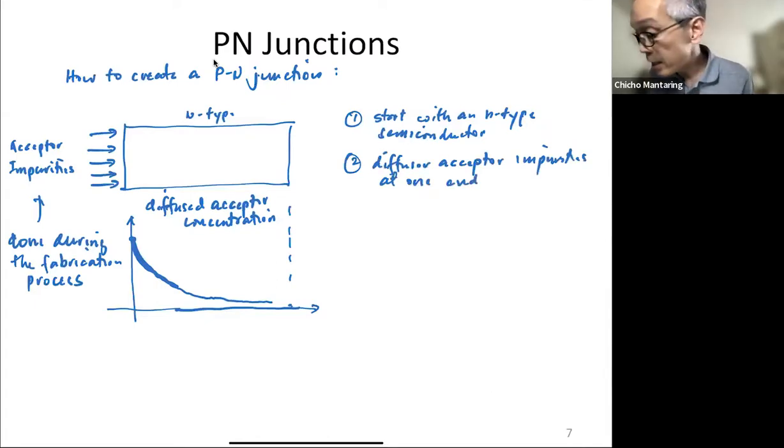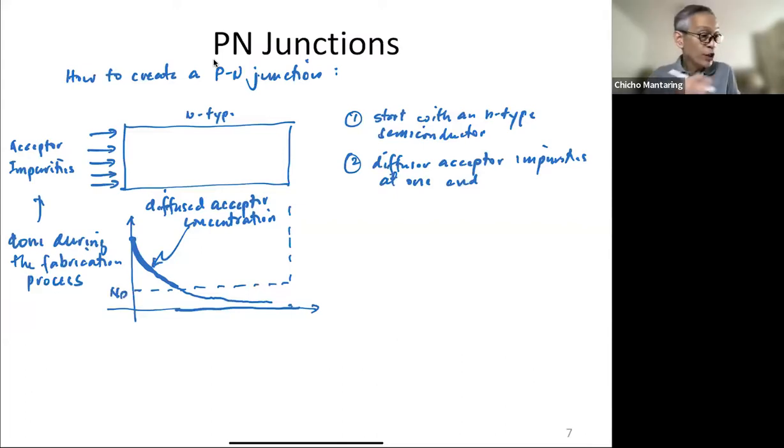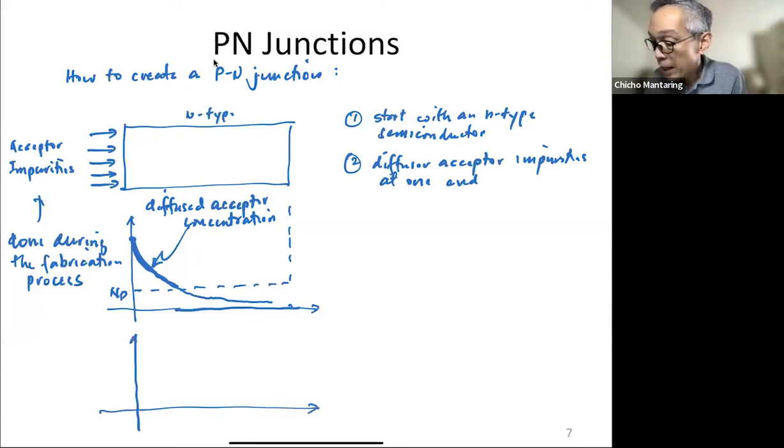Now let's say this was the original donor impurity concentration. So this is my diffused acceptor concentration, and this is my original donor impurity concentration. If I get the net donor concentration, so this is now my net donor concentration.